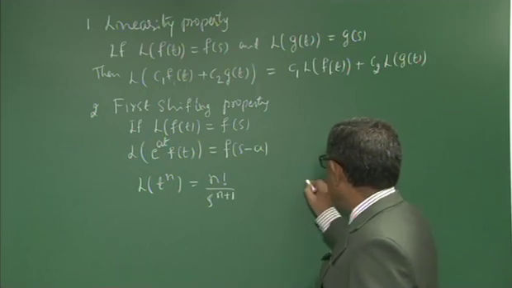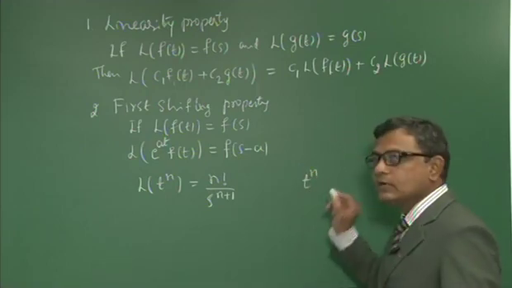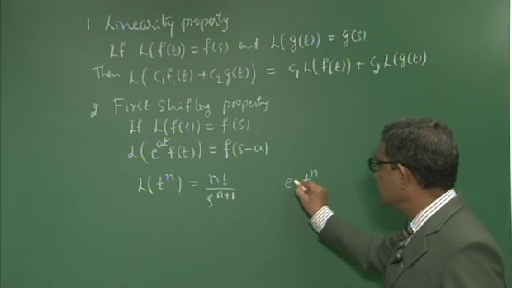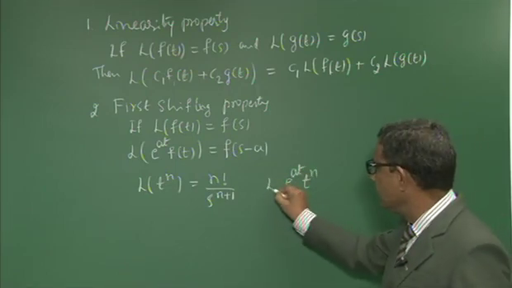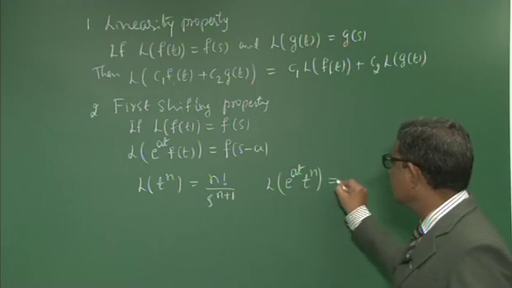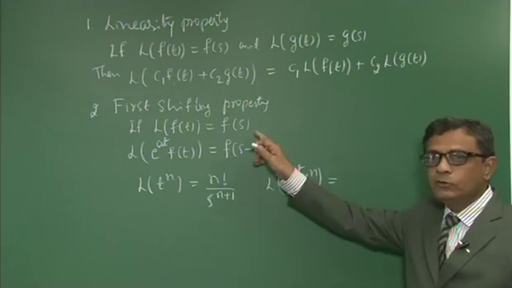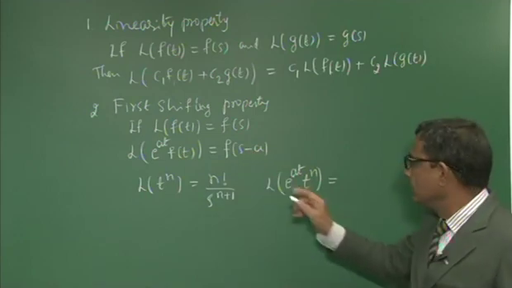Now, if this function f of t is multiplied by the exponential function e raised to at, if you take its Laplace transform, as I told, s changes to s minus a.